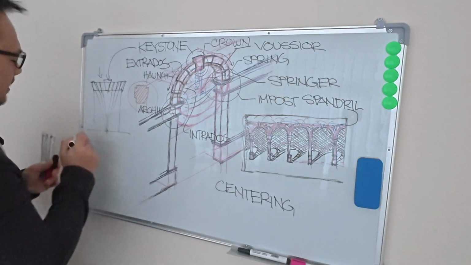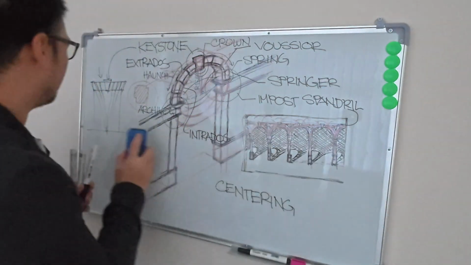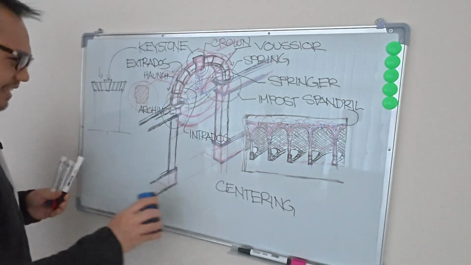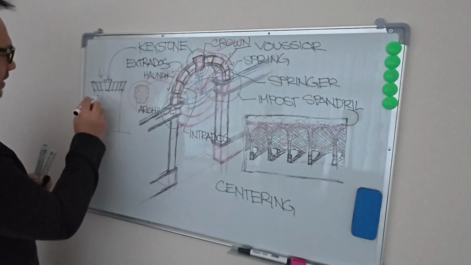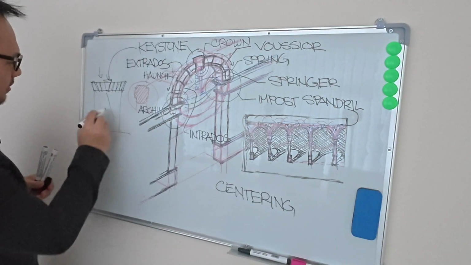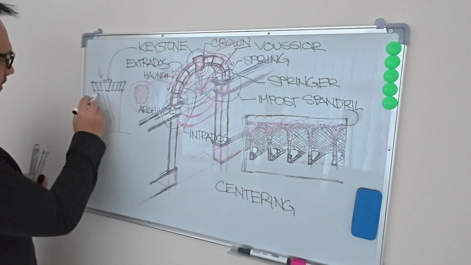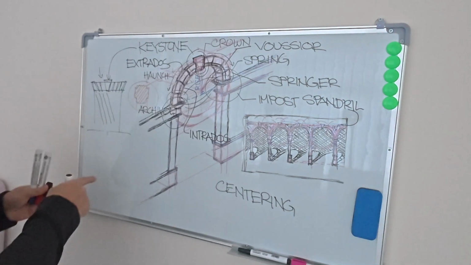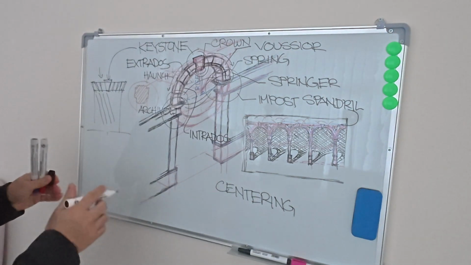Yeah, so this representation now would look like this. Sorry. They would all just be parallel to the keystone. The alignment of each voussoir no longer meets up at a certain point.